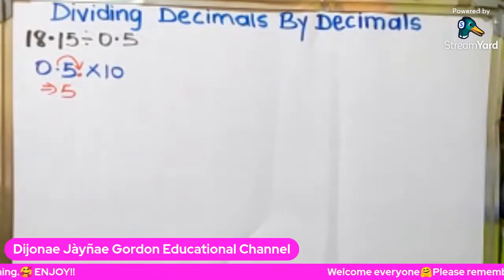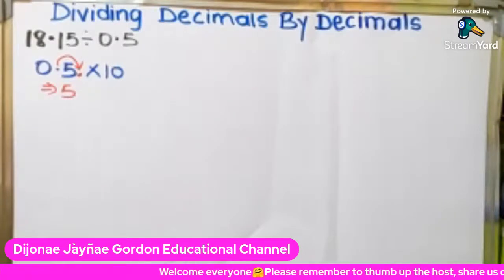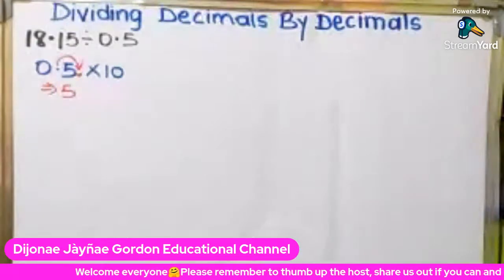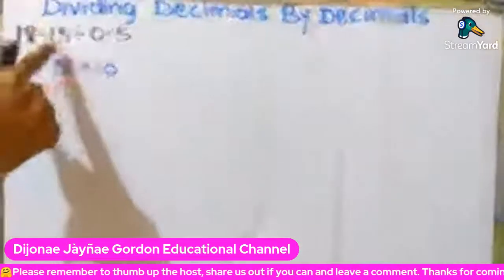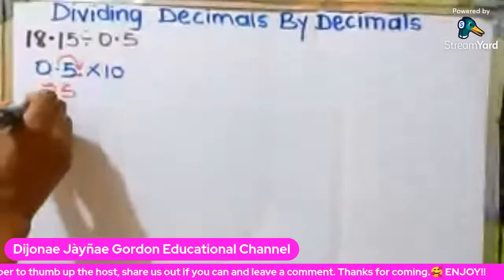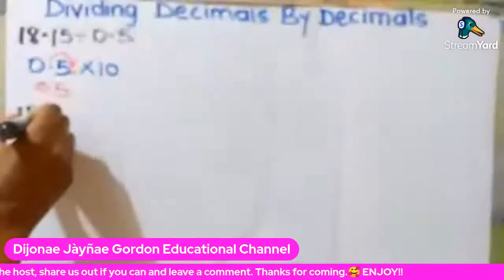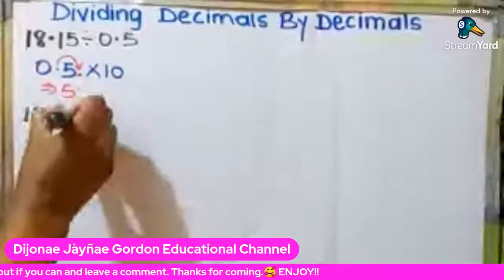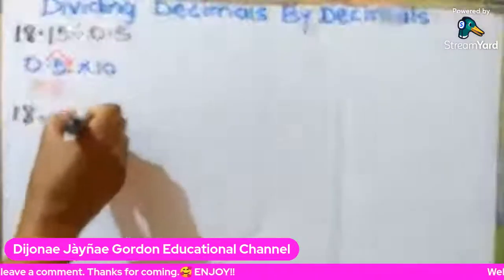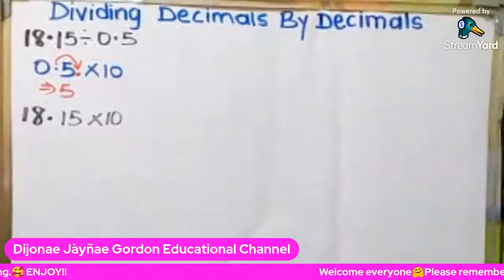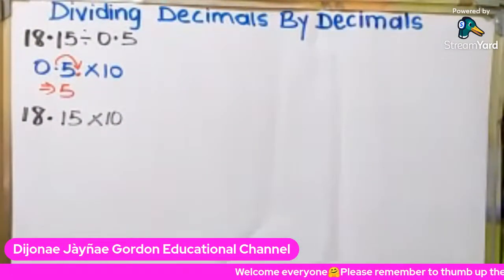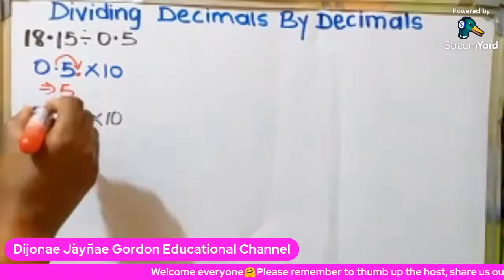All right, so now whatever you do to your divisor, you must do to your dividend. What is the dividend in the problem that we are working? It is 18.15. I'm going to write it, 18.15. And of course, I'm going to multiply by 10 as well. So I am going to move one place to my right.